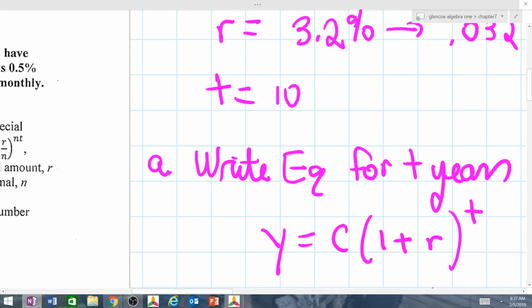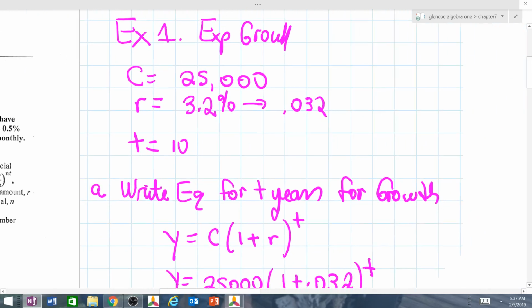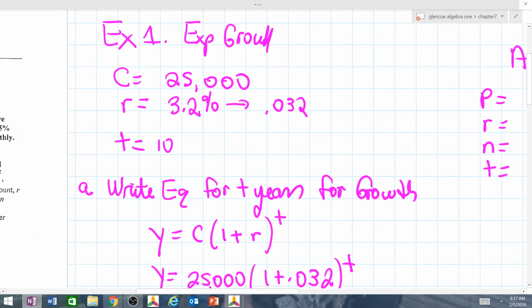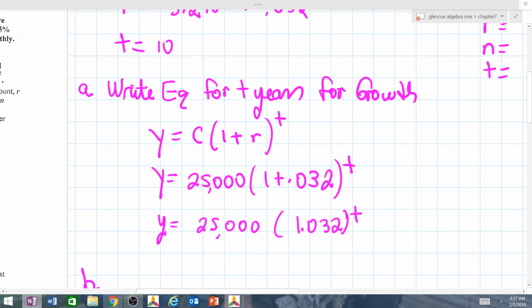So let's go ahead over here and let's look. The initial amount was 25,000 people. The rate of growth was 3.2%. You change the percent to a decimal by moving the decimal point 2 places to the left. Technically, you're dividing by 100, which gives me 0.032. The time in years is 10, and we'll need that for part B. But part A says just write an equation for t years for growth.